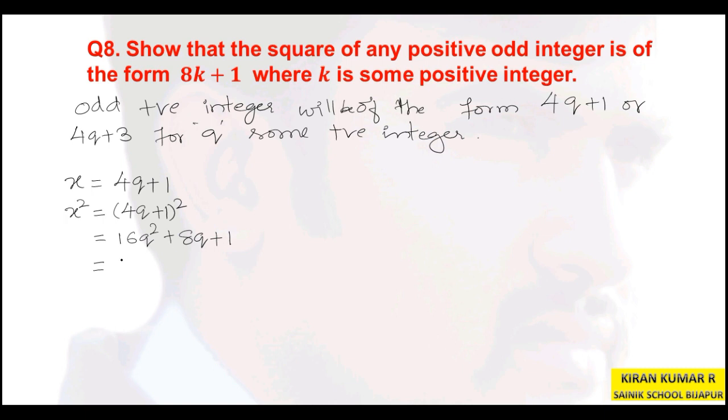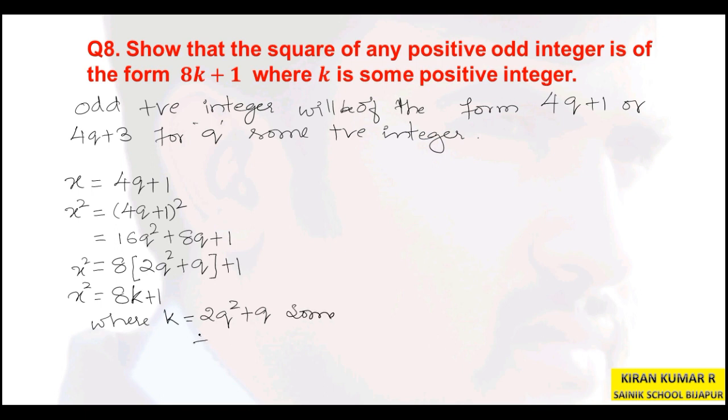In this, I can take 8 common, I'll be getting 8 times 2q squared plus q, plus 1. Now this x squared can be written as 8k plus 1, where k is equal to 2q squared plus q, some positive integer. This is for x equal to 4q plus 1.